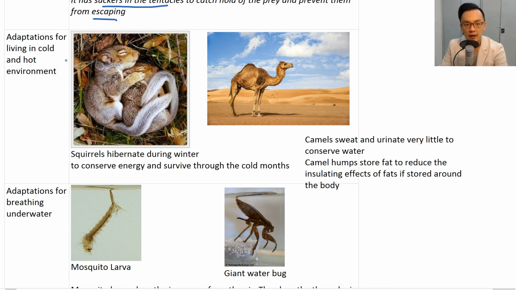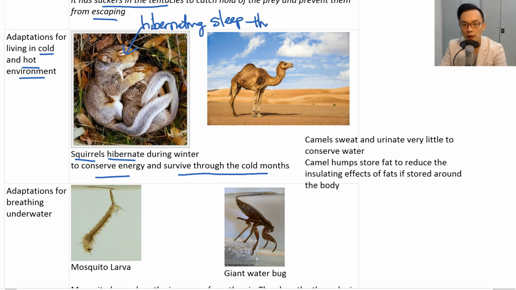Let's look at another kind, adaptations for living in cold and hot environments. Some animals, like squirrels, will hibernate during winter to conserve energy and survive through the cold months. Hibernating simply means that the animal will sleep throughout winter time.